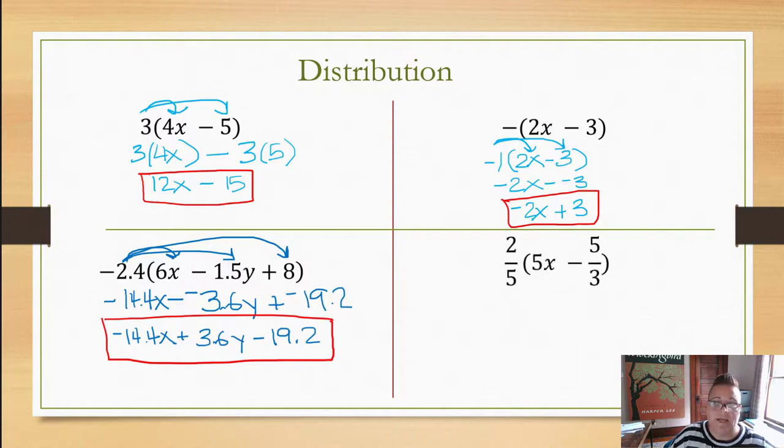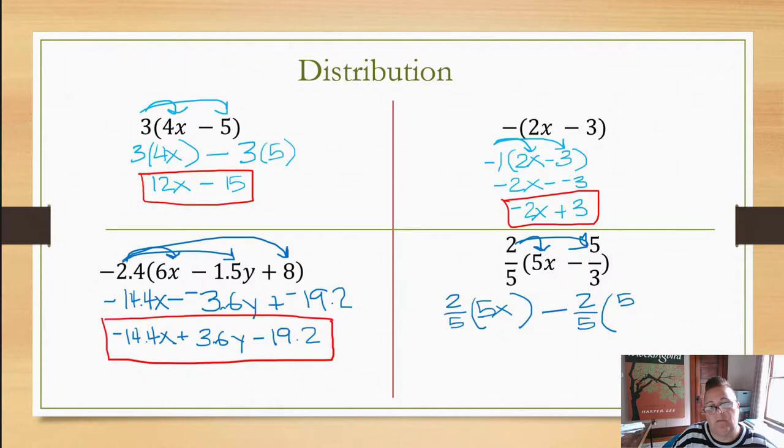All right, here we have a last example. This one is fractions. So how do we do fractions? Well, just the same way we would, and we hope this would be 2/5 times 5x. I'm going to write it out to make it a little bit more helpful. Minus 2/5 times 5/3.